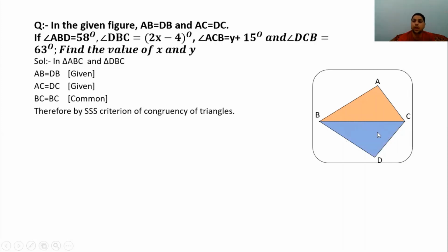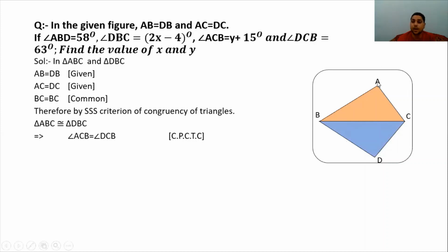So these two triangles are congruent to each other by the side-side-side criteria of congruency. We have proved that the triangles are congruent, which means corresponding parts of the triangles are also congruent. So we proceed with the angles here.